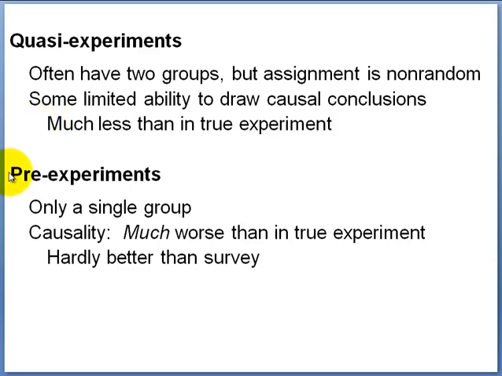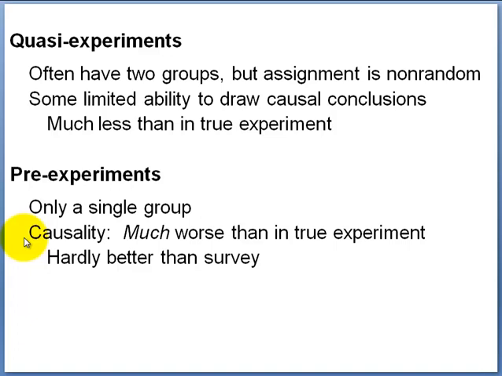Some experiments are carried out with only a single group. And without getting into too much time on this, it is very difficult usually to draw conclusions about causality when there is only a single group.